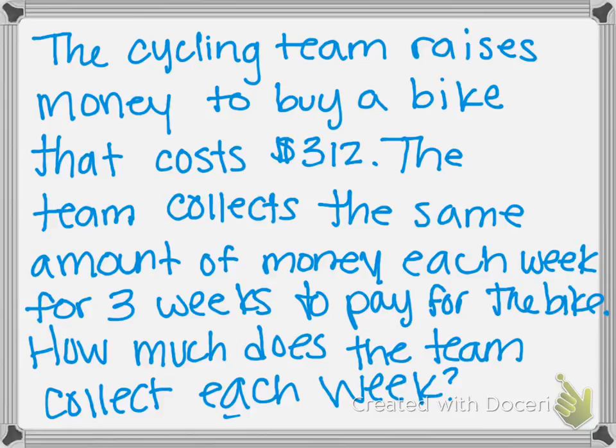Well, two important things. I need to know how many weeks did they collect? 3. We know that. And I need to know how much did they collect in all? 312. So, how do I find how much they collected each week? Because they collected 312 in all, but we want to know how much they collected each week out of the 3 weeks.